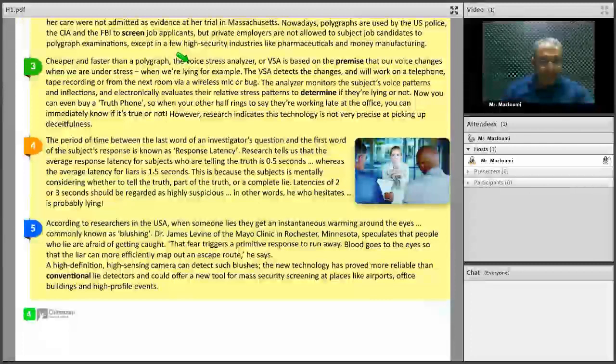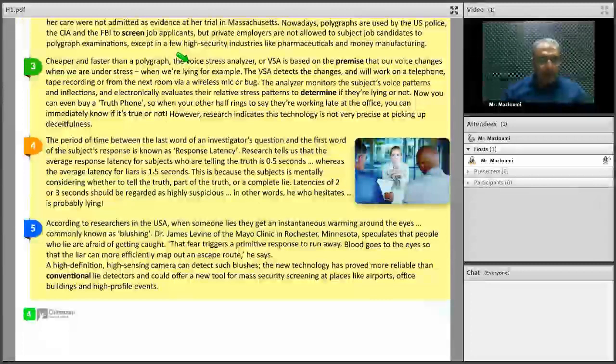And electronically evaluates their relative stress patterns to determine if they're lying or not. And this machine electronically evaluates, assesses, judges, the relative stress pattern. So it just evaluates the stress pattern to determine, to detect, to discover if the subjects are lying or not.